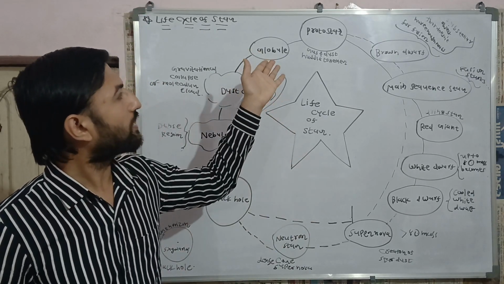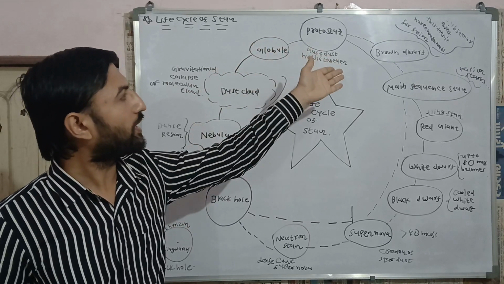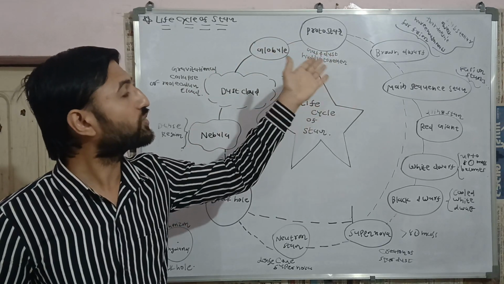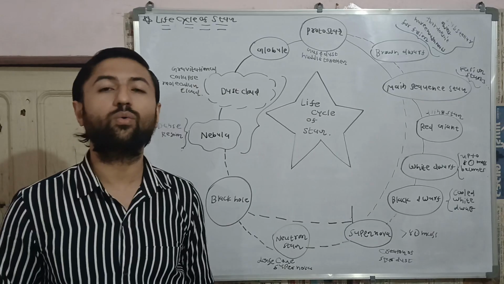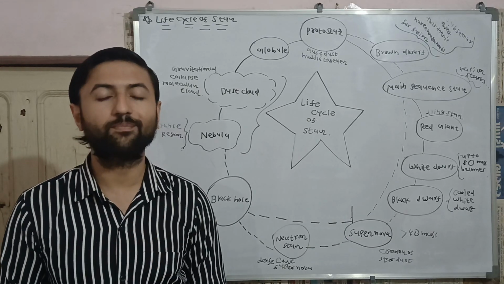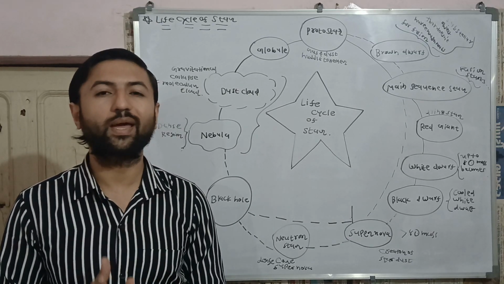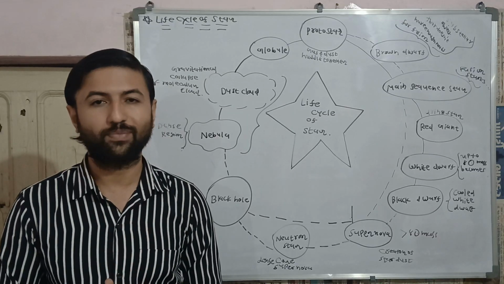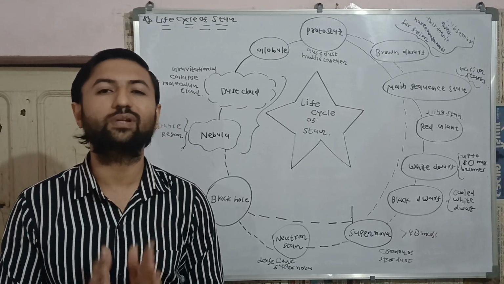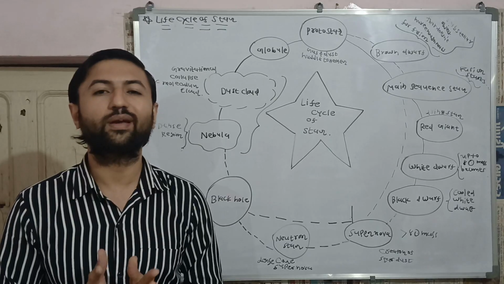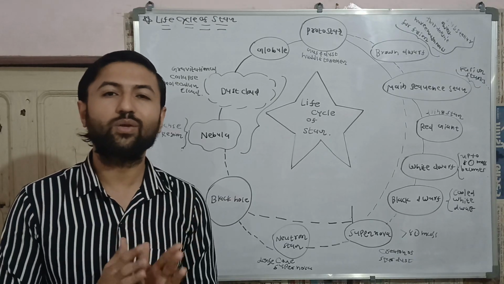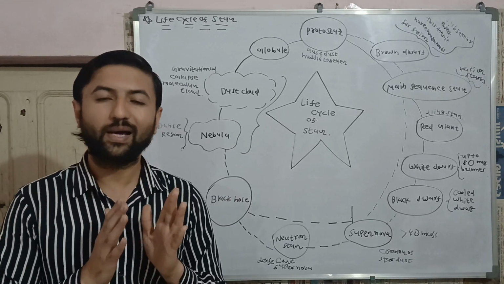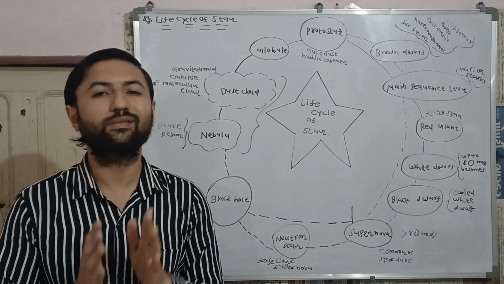This protostar is, as I told, converted into brown dwarf star, which doesn't have enough matter or molecular gas or dust which can start nuclear fusion reaction. As we all know that in star, nuclear fusion reaction is continuously happening, and in this way stars can survive.